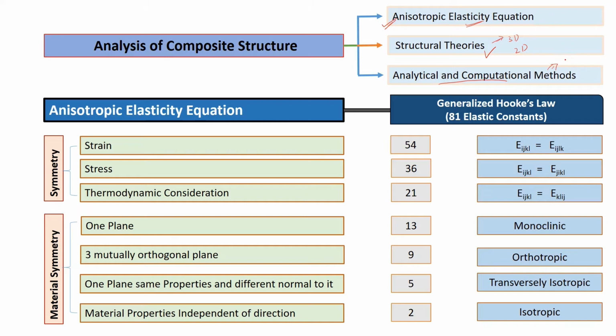We have numerical approaches like the finite element method, FEM, or isogeometric analysis, or mesh free methods, the differential quadrature method, and many more methods. Those are the computational methods we are going to apply to analyze the composite structures.